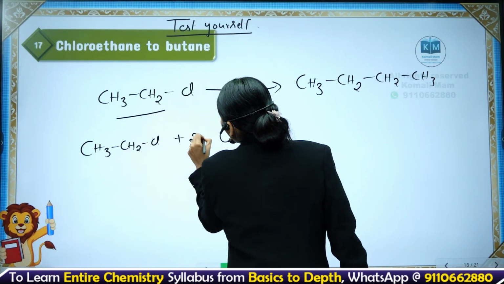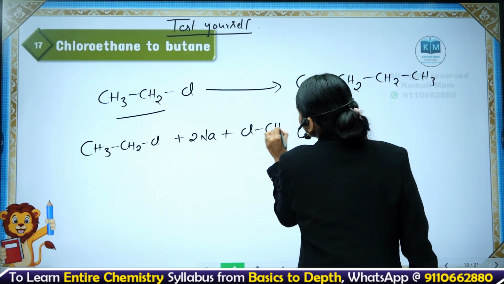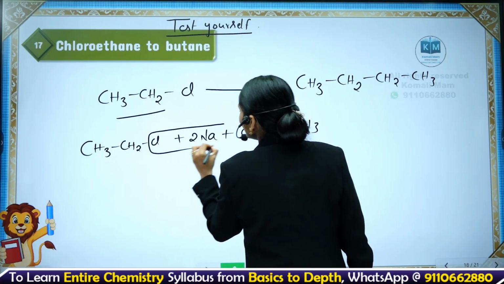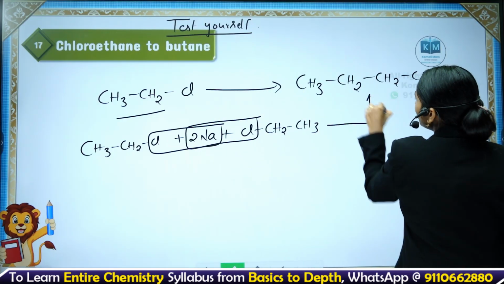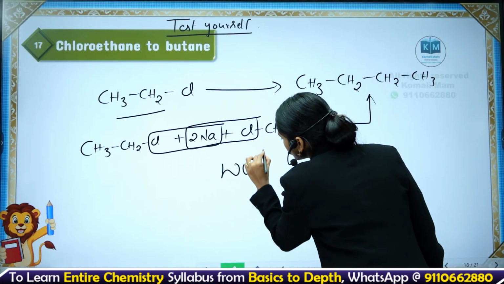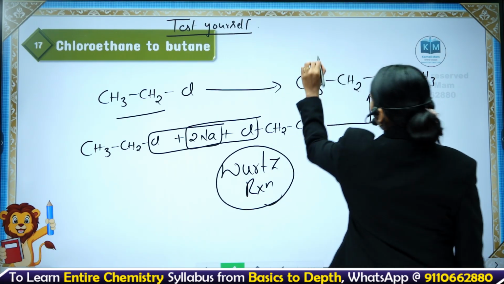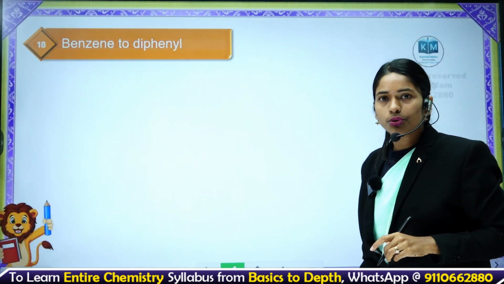You add sodium metal in the presence of dry ether. So what will happen? 1 Na, 1 Cl goes out. We will be getting butane. Butane is our product. What is the name of the reaction? Famous reaction? Wurtz reaction. This is for even number of carbons. For preparation of even number of carbons, we will be using this.